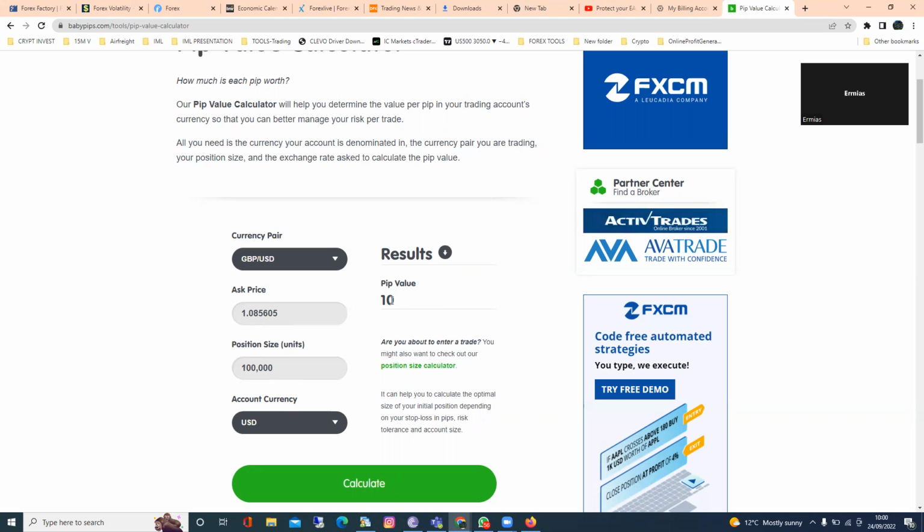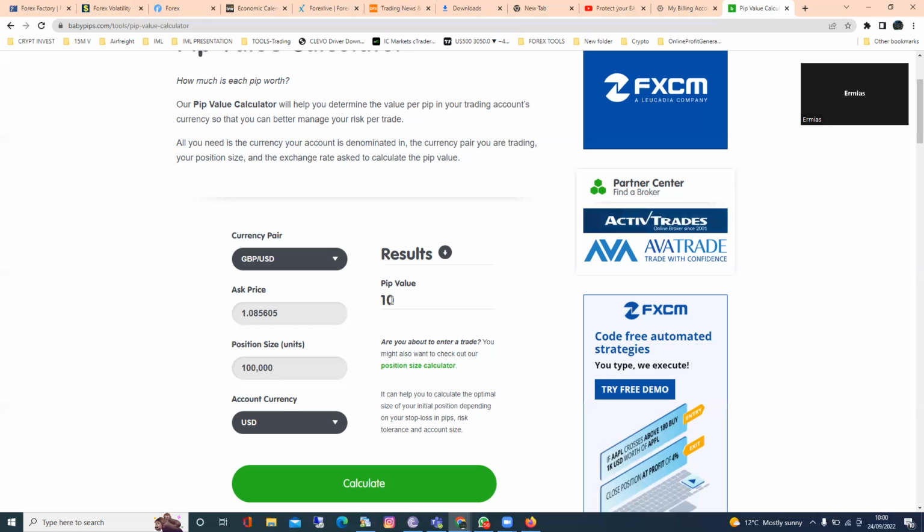But that $10, obviously, the brokers will take out their own commission, and then maybe I'll be left with something less than $10. So when it moves to 1.0858 now, then I can make 10 full dollars plus whatever is left from what the broker takes out as their own commission.